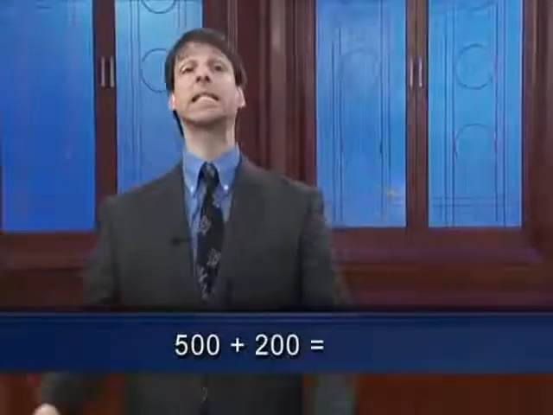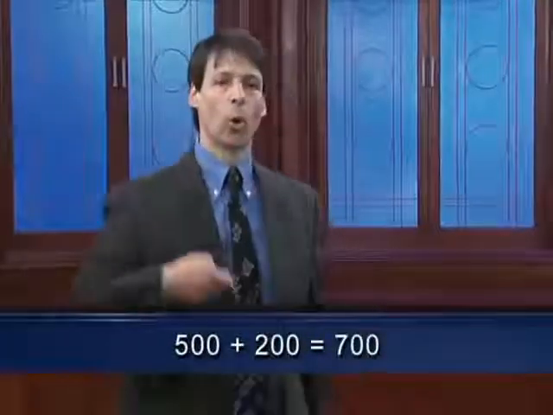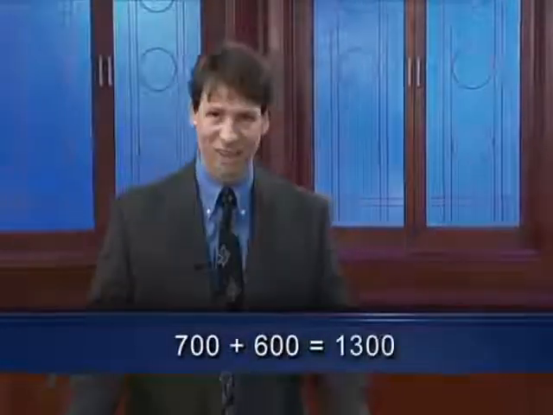Okay, now let's move on to adding three-digit numbers, which is a lot harder on your memory. Of course, the easiest three-digit number addition problems are when both numbers are multiples of 100, like 500 plus 200 is 700, or 700 plus 600 is 1300.